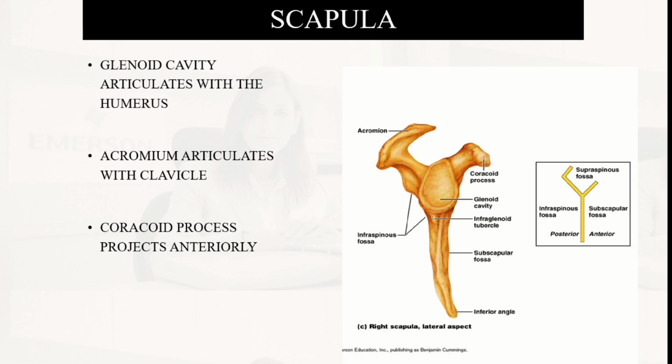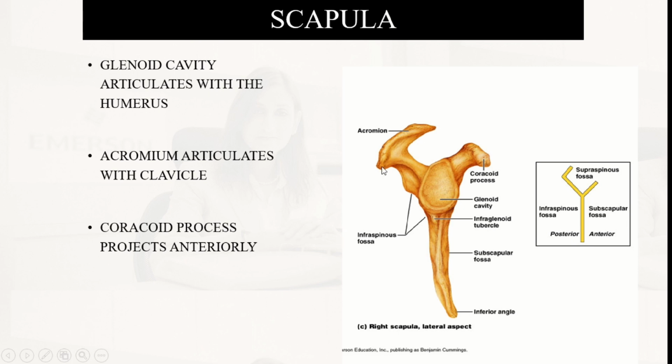Again, in detail, the glenoid cavity articulates with the humerus, and the acromion articulates with the clavicle. Then the coracoid process projects anteriorly.